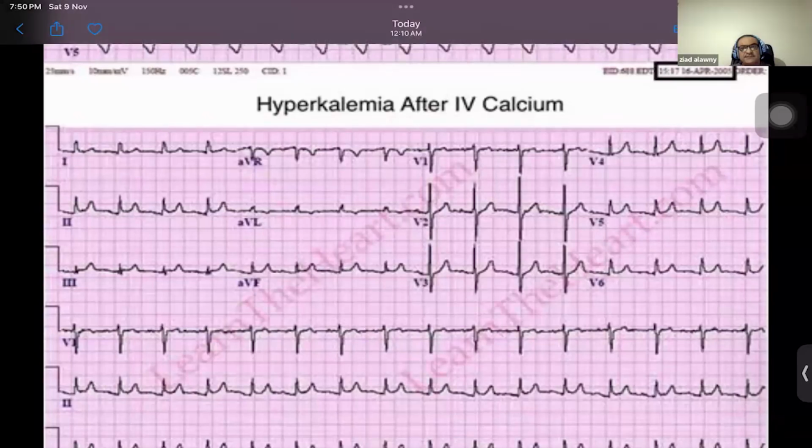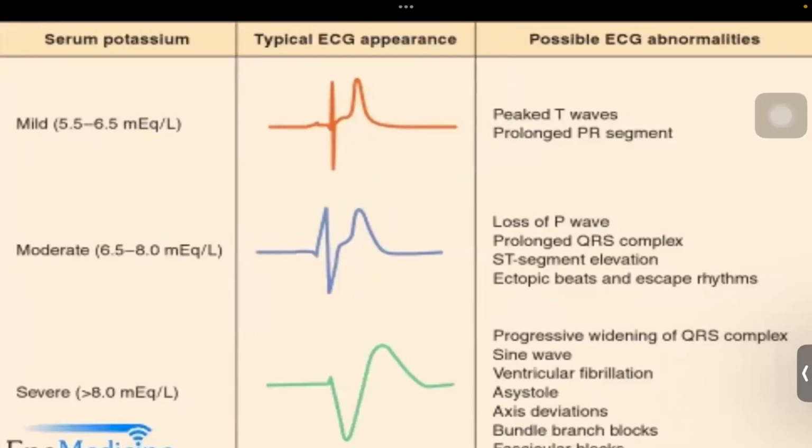Very nice. So this is the typical ECG appearance of mild, moderate, severe hyperkalemia. This is how you see the widening of the QRS complex that happens. Nevertheless, the first line treatment is IV calcium gluconate.